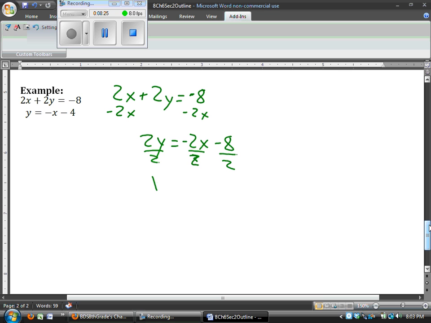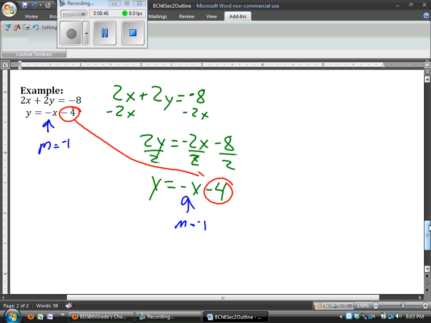So divide everything by 2, and y equals negative x minus 4. Now take a look at this. Same slope. My slope is negative 1 in both cases. And I have the same y-intercept. Okay?